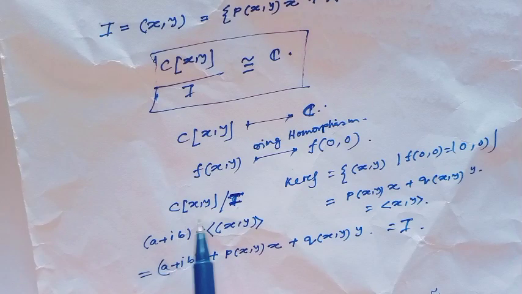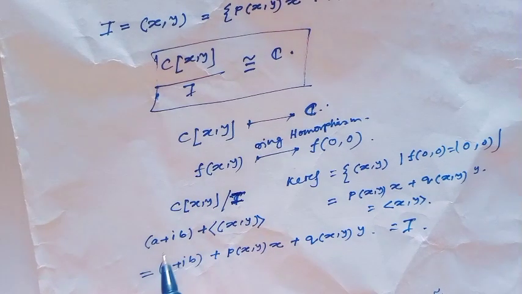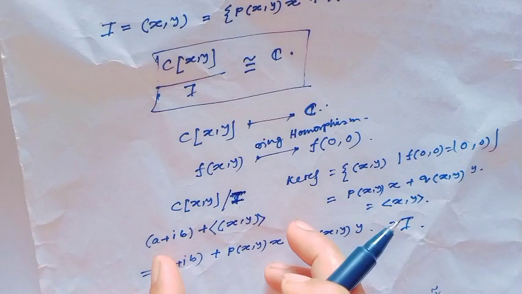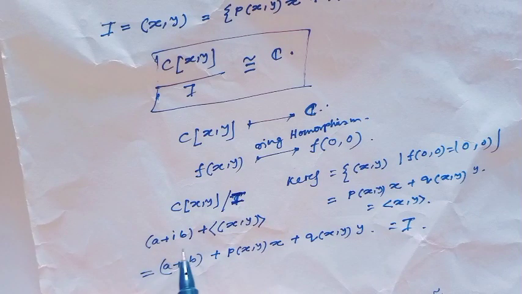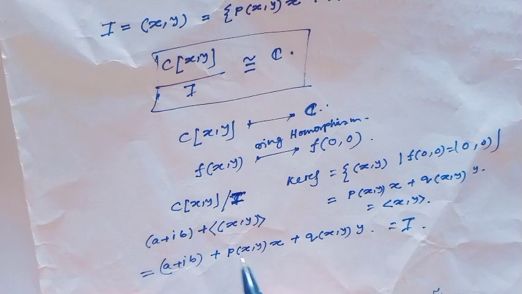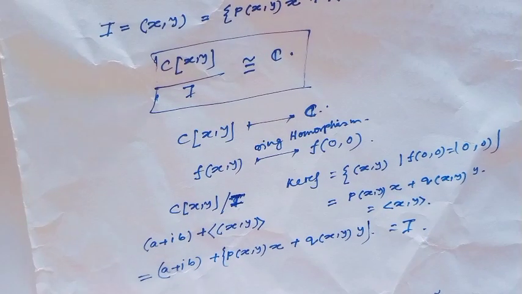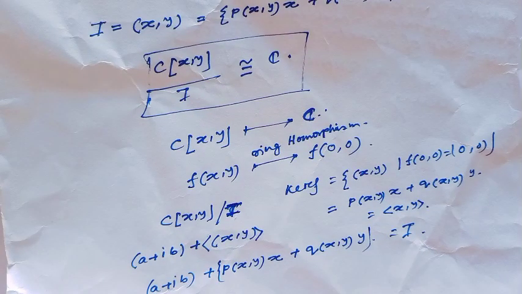Therefore, for the quotient ring C[x,y] modulo I, the set of cosets would be of the type A plus iB plus the ideal generated by x comma y, which is equal to A plus iB plus p(x,y) times x plus q(x,y) times y.